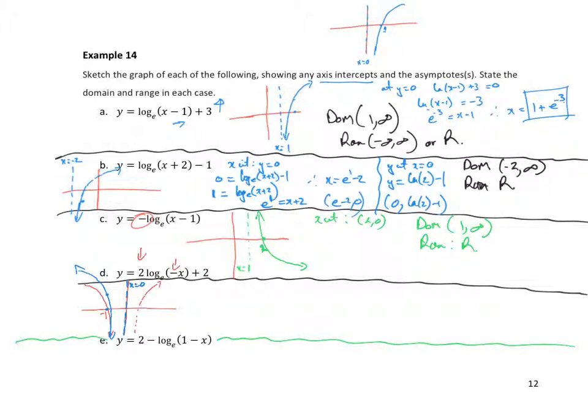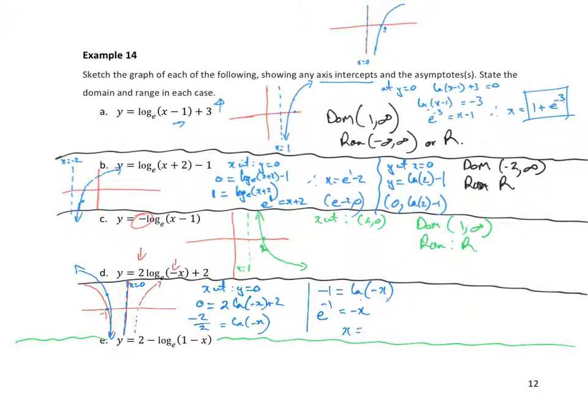All right. So we're going to have to find that x-intercept. So the x-intercept, put y equal to 0. So I get 0 is equal to 2 natural log of negative x plus 2. Take the 2 across and divide by 2: negative 1 is equal to the natural log of minus x, which means the base e to the minus 1 is equal to minus x.